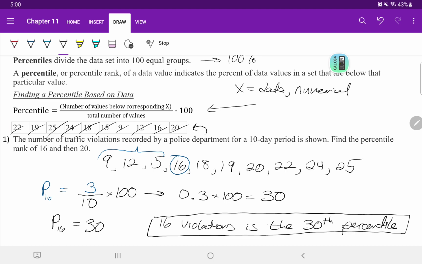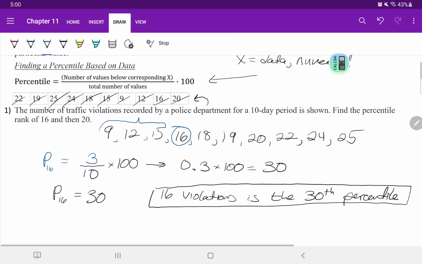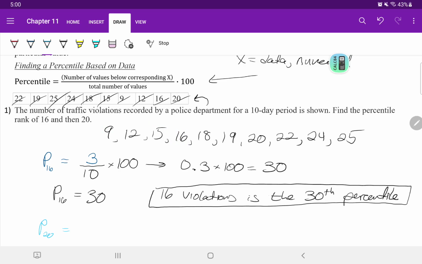Now we do the same thing for 20. We want to find a percentile rank for 20 tickets. Let's do it in light blue. Now, let's reset. 20 is over here. Let's find out how many data values are below 20, which are these data values right here.